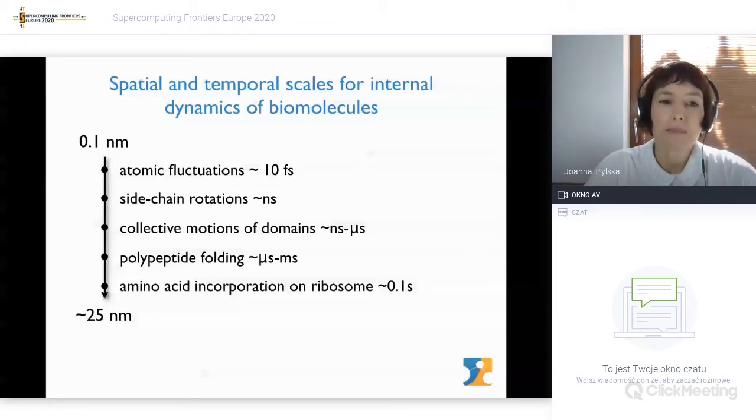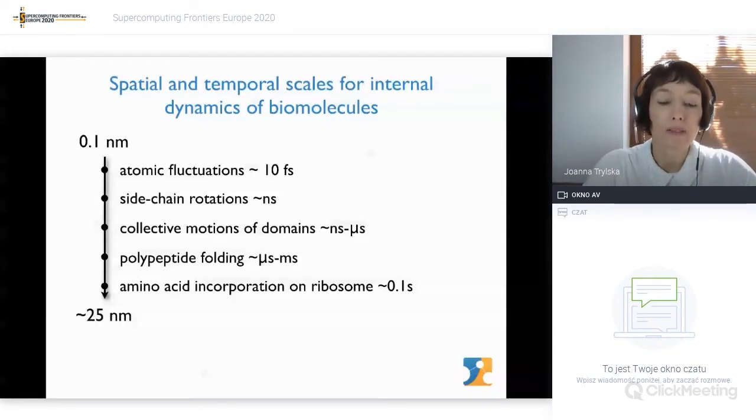The systems that we simulate, at least in my group, are up to the size of about 300 angstroms. So we have to account for these different time scales in our detection of molecular motions to be predictive.